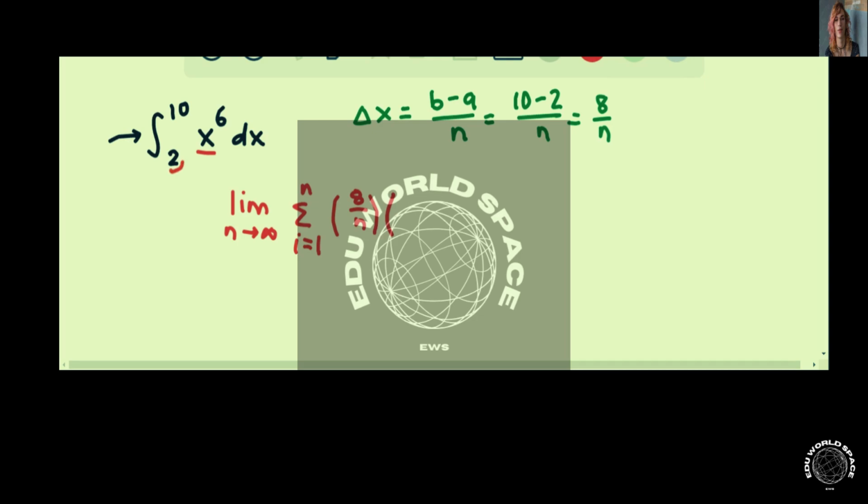But to start that off, the lower limit is where we need to start, which is 2 plus delta x times i, so it's going to be plus 8i over n. All of that is then going to be to the sixth.